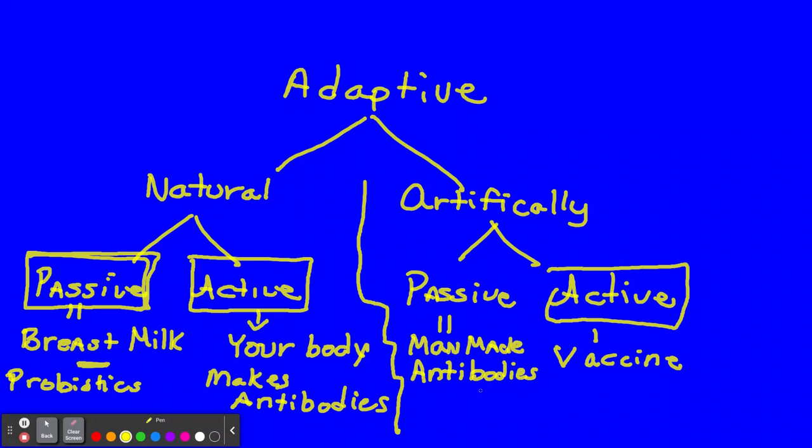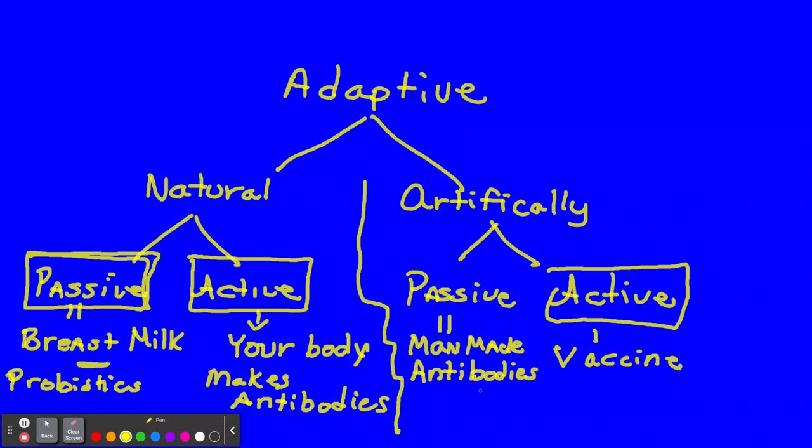Just by looking at the chart, you see it's going to be passive or active for both. Remember, active is that you're actually doing it. In a sense, your body is actually creating the antibodies. Whereas in passive, you've been given the antibodies. In this case, for natural, it'll be the breast milk from your mother, and artificially, it'll be man-made, monoclonal antibodies.